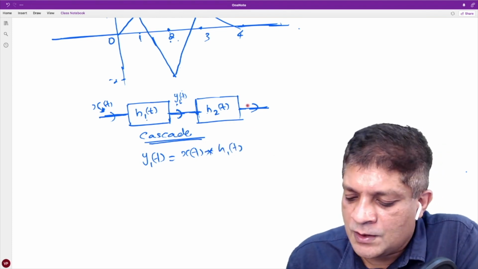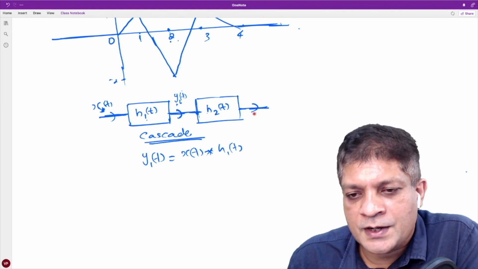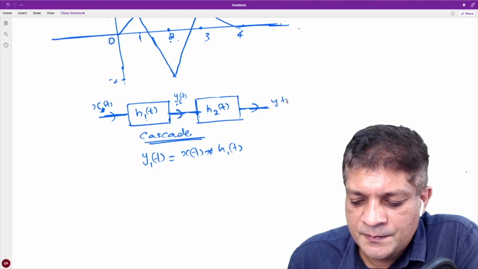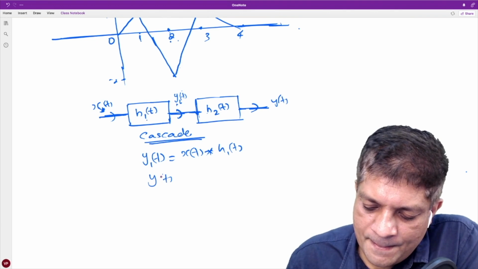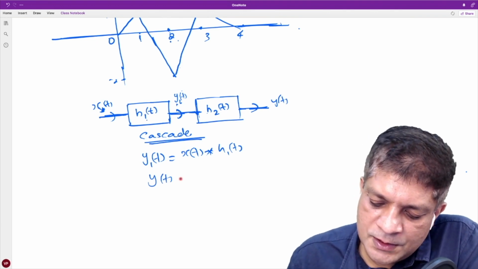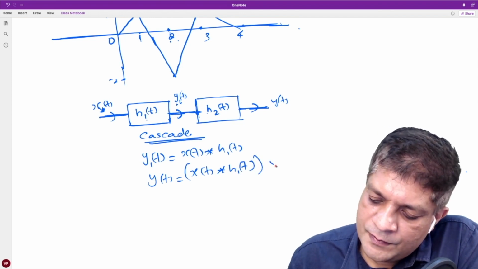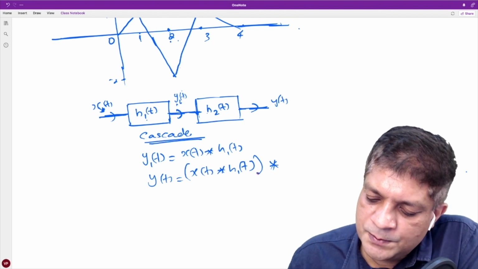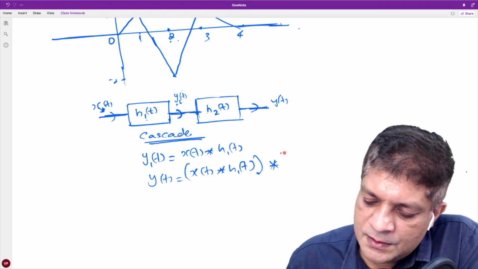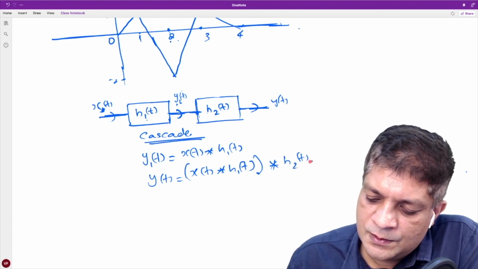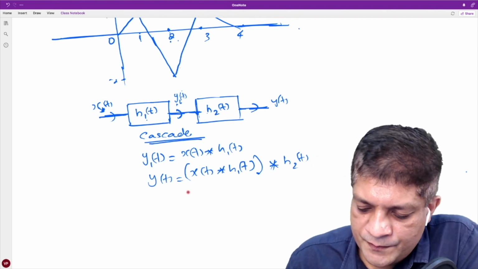Now tell me what is the output of the second system, y(t)? The input to that system is x(t) convolution h1(t), and then that convolves with h2(t).